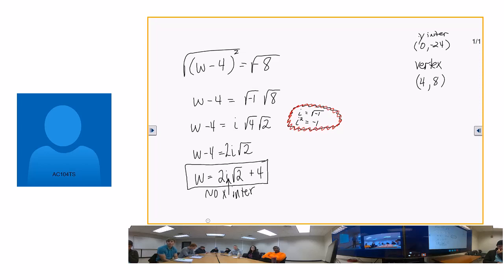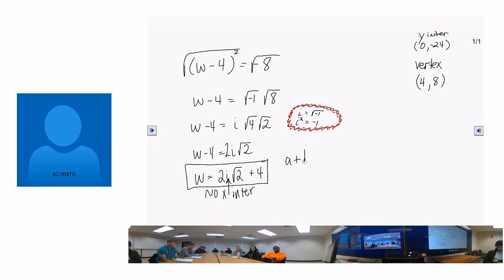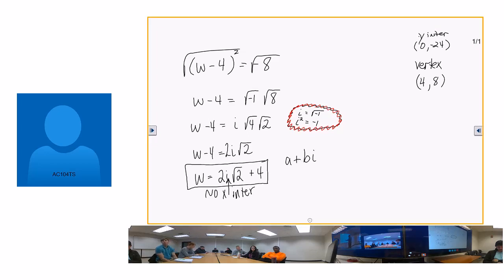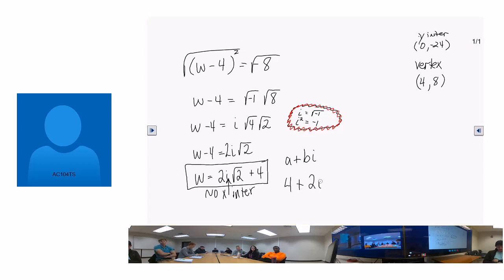But some tests, some books, some homework wants you to put it in the form a plus bi. Now let me tell you about that. Is addition commutative? Yes, it really doesn't matter whether you put the i first or the 4 first. But in some books, they say they want it in the form a plus bi, which means you need to turn it around: 4 plus 2i square root of 2.